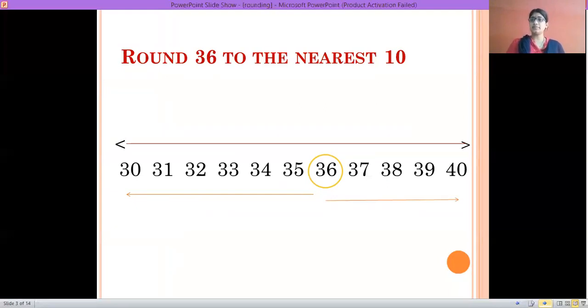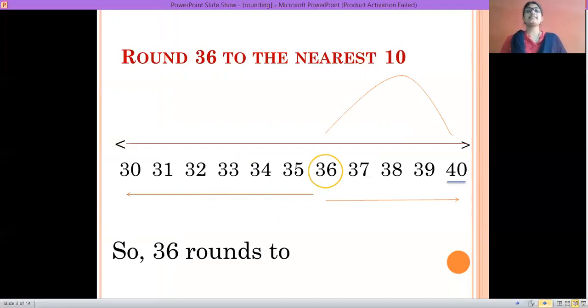Now children, tell me, you can see the lines, right? Which line is shorter, children? The line towards our right hand side, which is towards 40. So which 10 is near? 40 is near. So we'll round 36 to 40. So 36 rounds to 40.